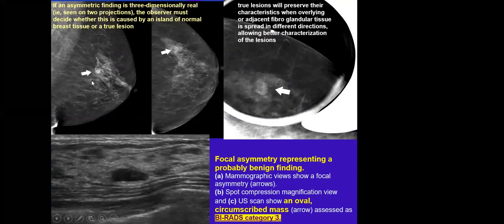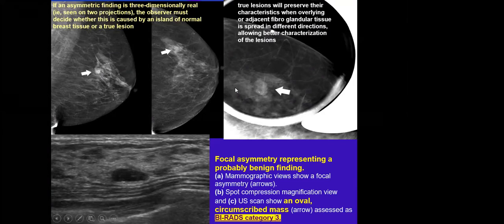So we are dealing here with a focal asymmetry, since it's seen on both CC and MLO, but not very obvious. Meaning the area is just denser than the adjacent tissue, but not giving the conspicuity of a mass.